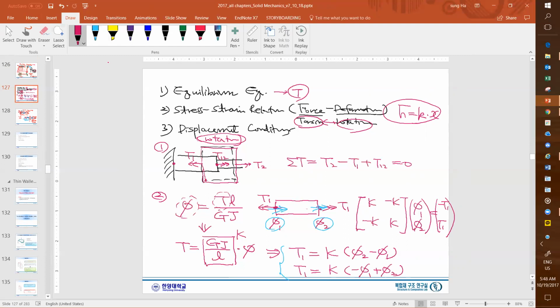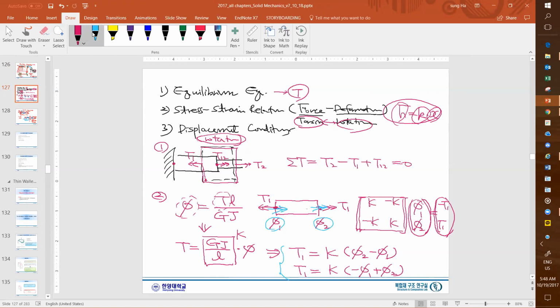So this deformation x will be these 2 degrees of freedom, and the forces will be 2 degrees of freedom, which act on the right-hand side and left-hand side. So we have a minus T1 and the other one is plus T1, and this K is a stiffness matrix. This K will be 2 by 2. Okay, please remember this equation.